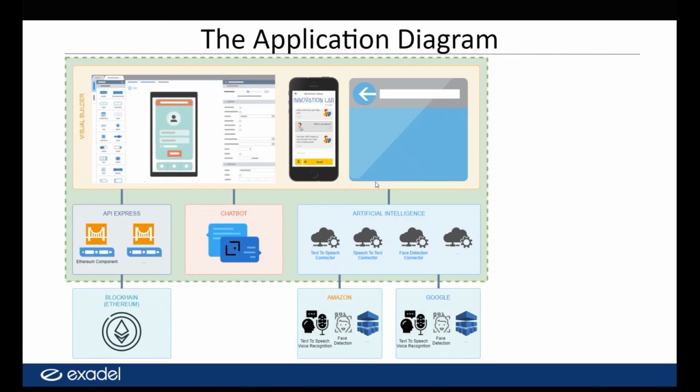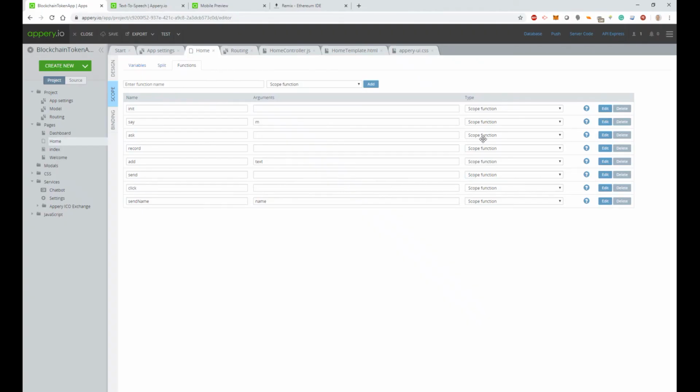We created an API Express project which works with a server, created a chatbot, created a text-to-speech service. Finally, I will show how to link all of the components into the application. And for that, let's go to Visual Builder. Integration is easy. Just press Create New and specify what service you want to add.